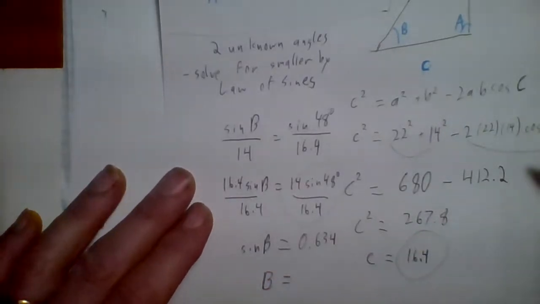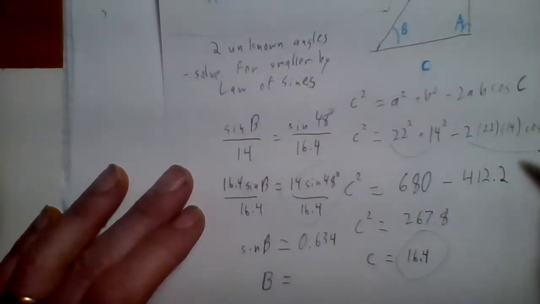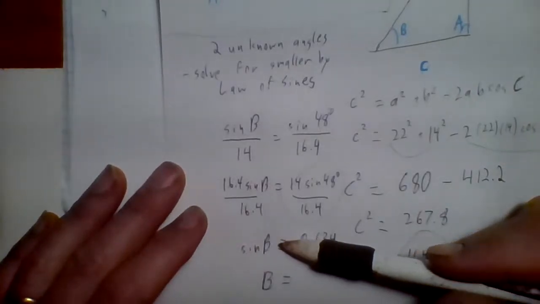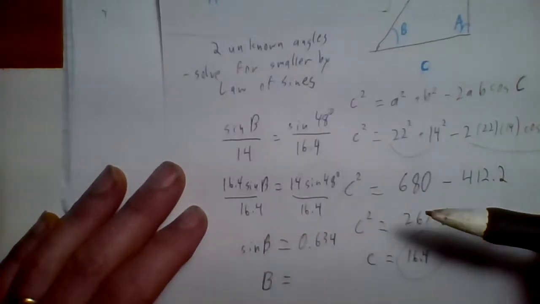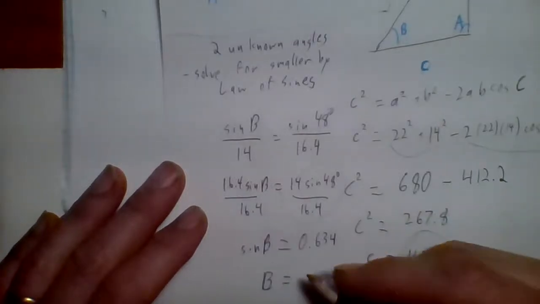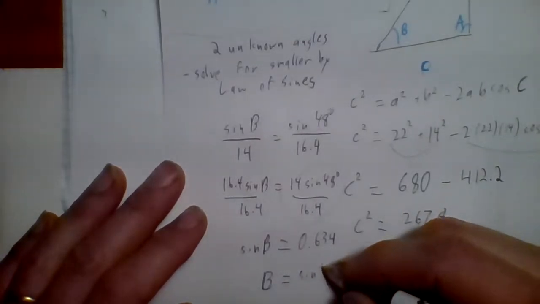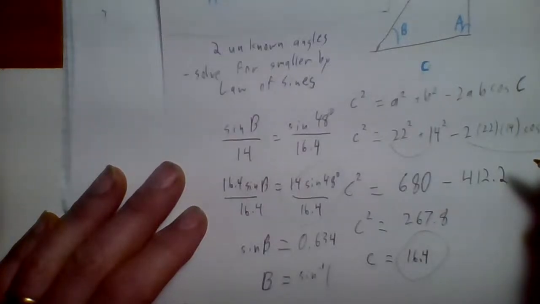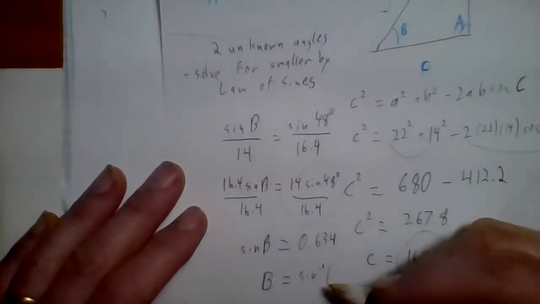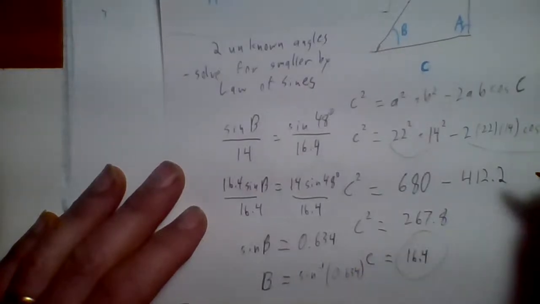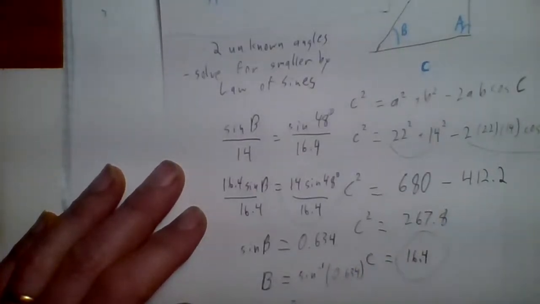Here's where you have to use one of these inverse trig functions, because the sine of B is 0.634. What angle has that sine? That's an inverse sine situation. So here's where I'm using that second sine, or sine inverse, whatever your calculator setup for it is. Your input is that number, and that's going to give you an angle.